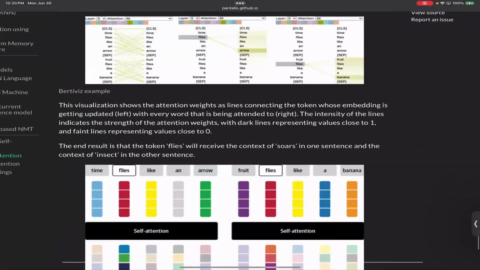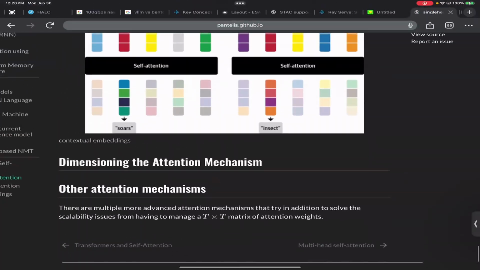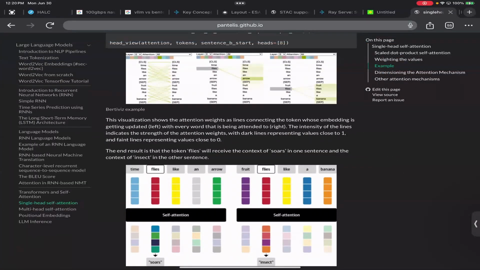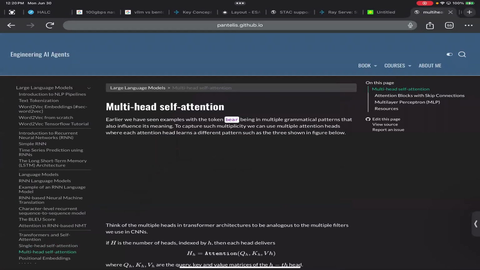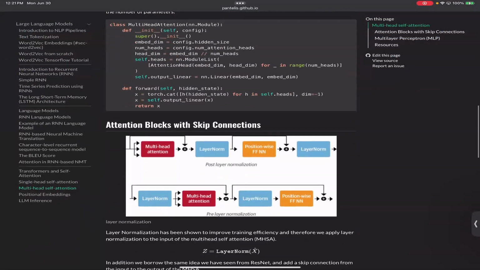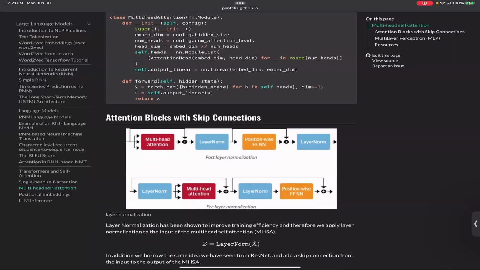The other thing we would like to do, and I think this comes back to some kind of a dimensioning exercise, is this. If you go into the multi-head self-attention, you will actually see these areas of layer normalization.